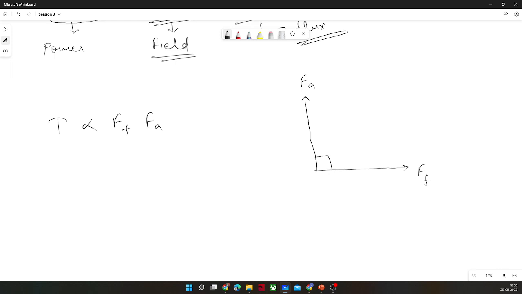So if both are orthogonal, we are trying, with the help of slip rings or brushes, to maintain both components orthogonal so that we can achieve maximum torque, right? If the angle between FA and FF is 90 degrees, it would give you maximum torque.